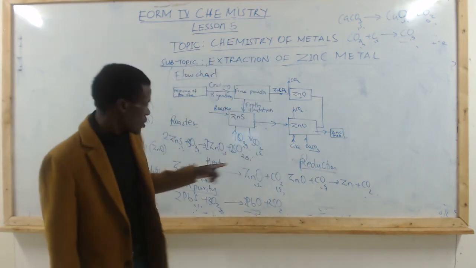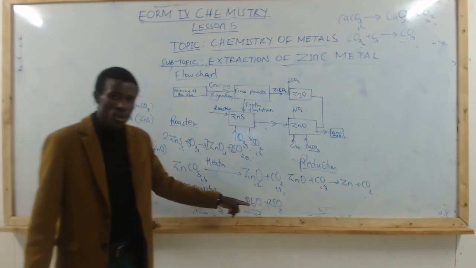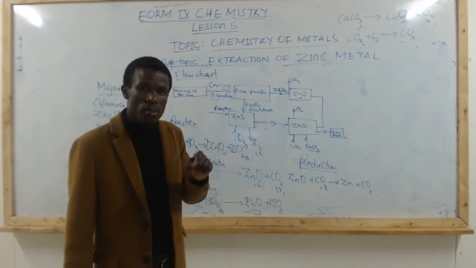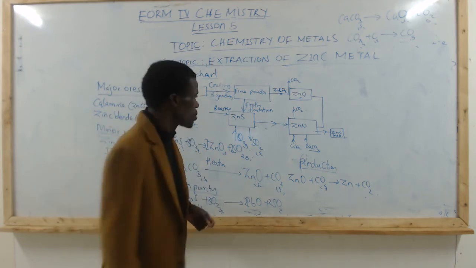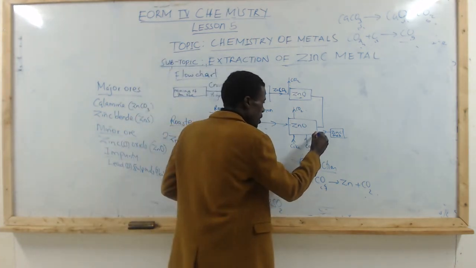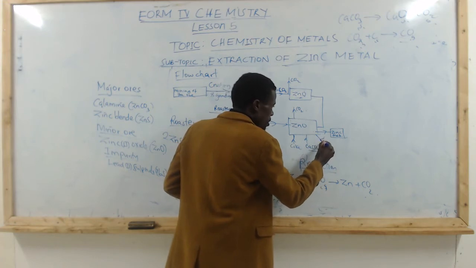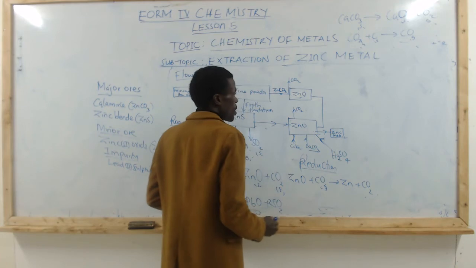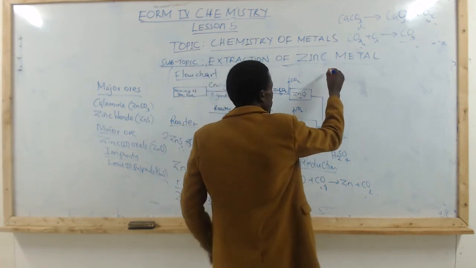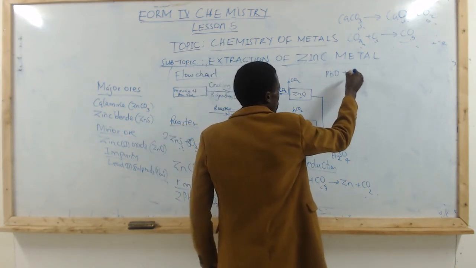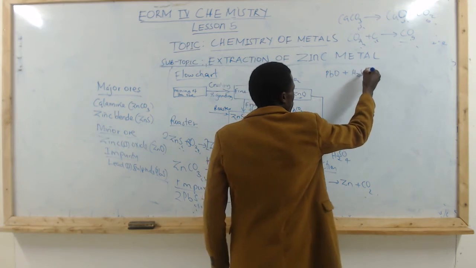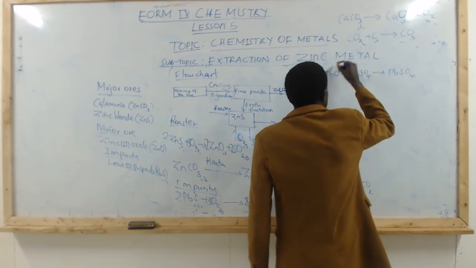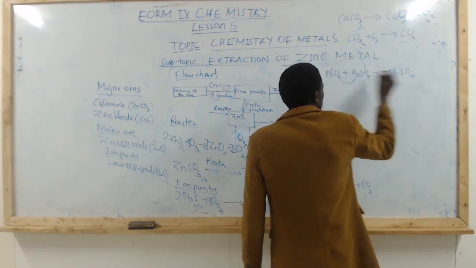Now, the impurity, which is lead oxide, because we have not removed it, we can remove it by adding sulfuric acid. So when sulfuric acid is added here, lead oxide will react with sulfuric acid to form lead sulfate and water.